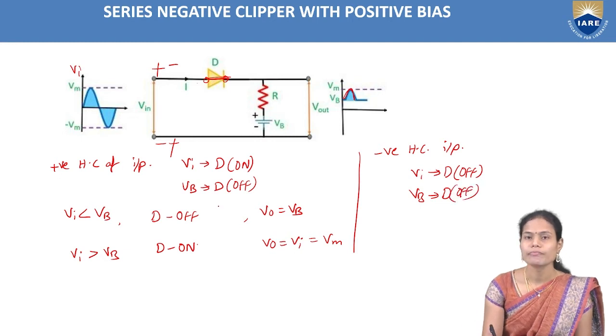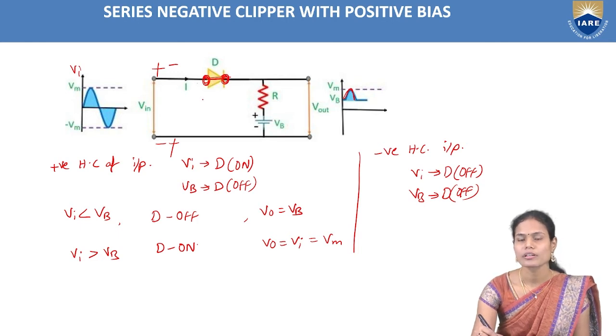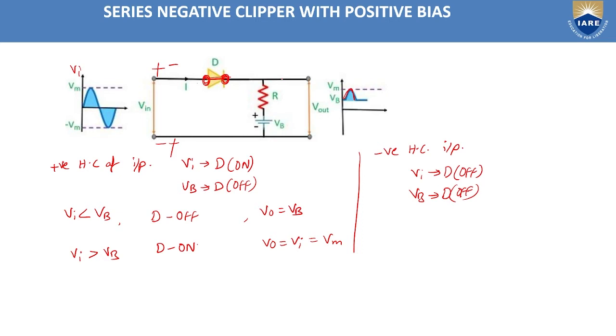So both voltages are making the diode an open circuit, so the total voltage is dropping across the diode only. No other voltage will appear across the output. That's why the output voltage is equal to 0 volts during the negative half cycle.